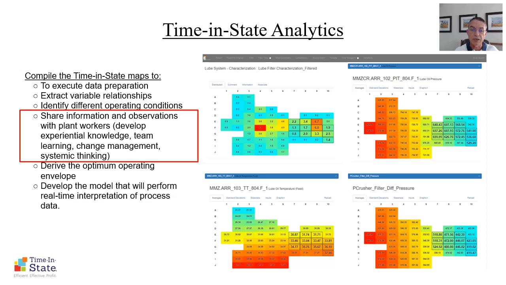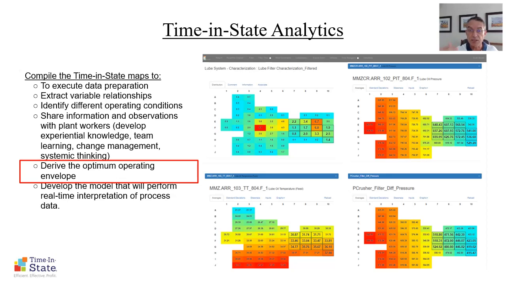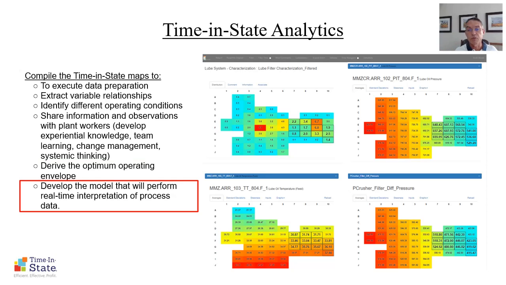One has to have this holistic view of the complete process to understand what defines that optimum operating envelope, which is the next step that we execute. And then we take the definition of this optimum operating envelope and we deploy a model that will do real-time interpretation of the operating conditions, which we will illustrate in the next few slides.